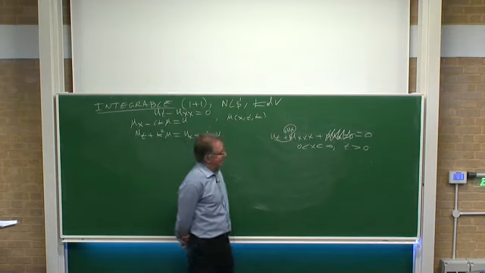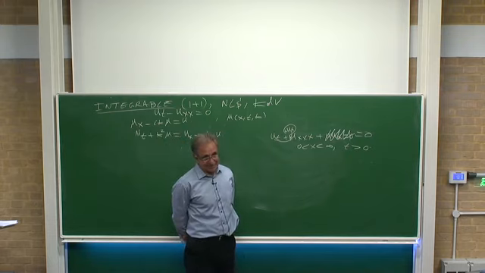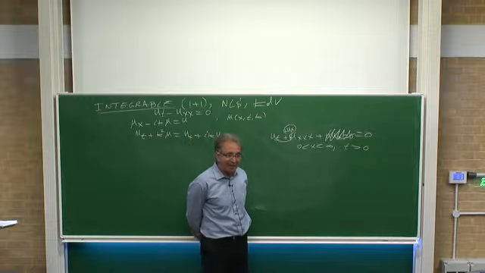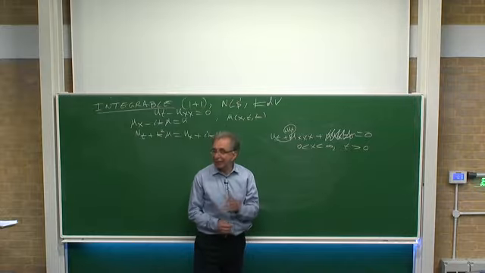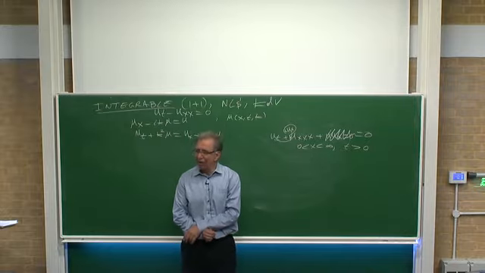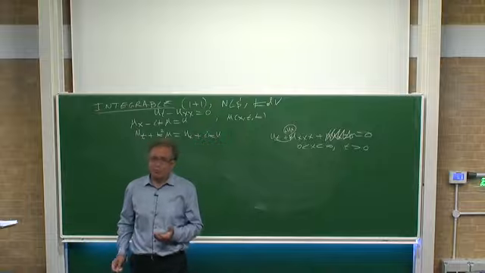You might have two ideas, a bad idea and a good idea. A bad idea is to use the Laplace transform in t. Why is it bad? It's bad because it's completely natural.